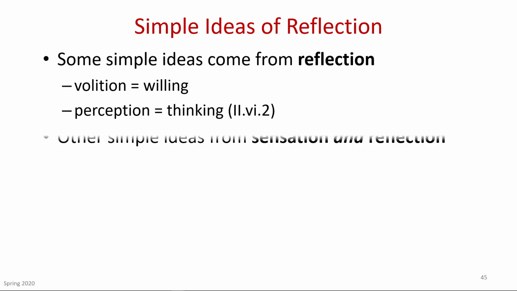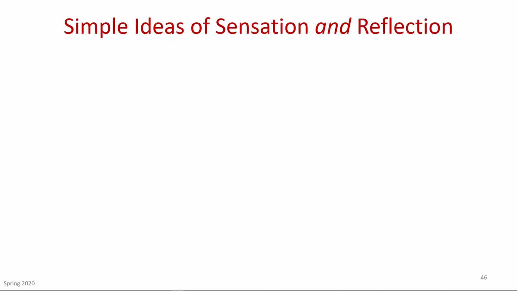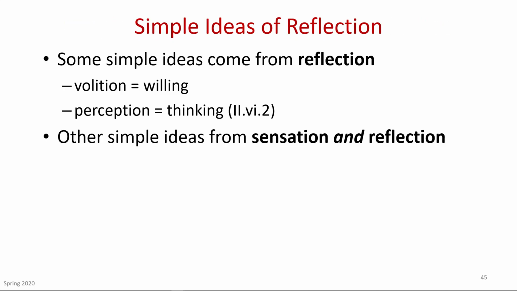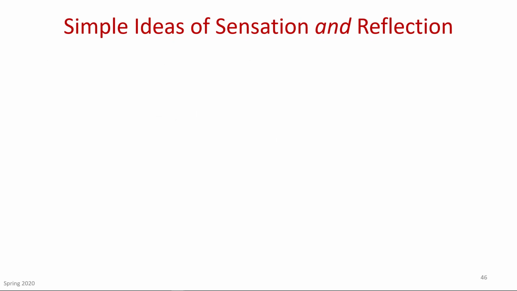They're not built out of anything else. Some simple ideas come from, he says, sensation and reflection. The examples that he gives are pleasure and pain, that is, accompanying ideas either of any of our senses or of reflection, we can feel pleasure and pain along with those.